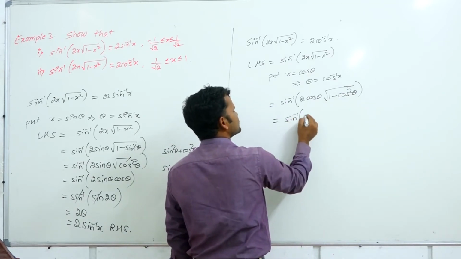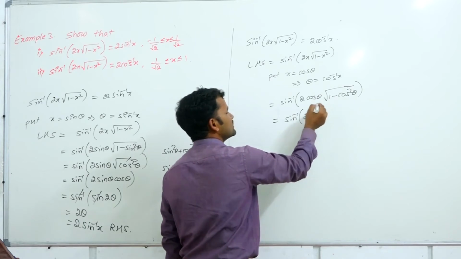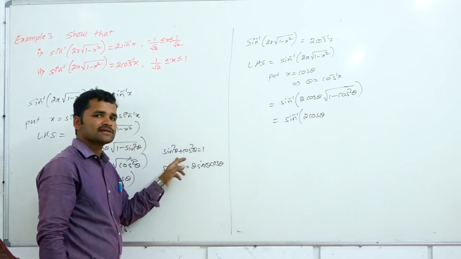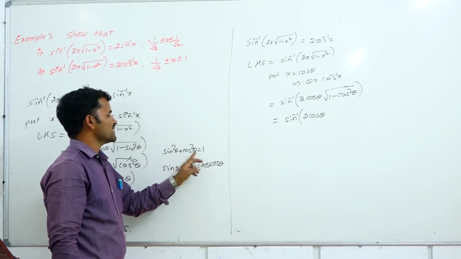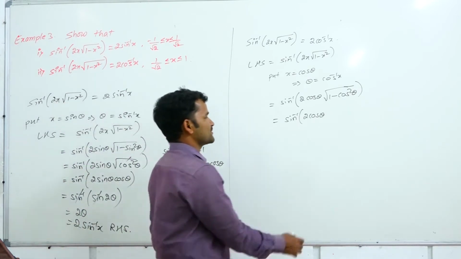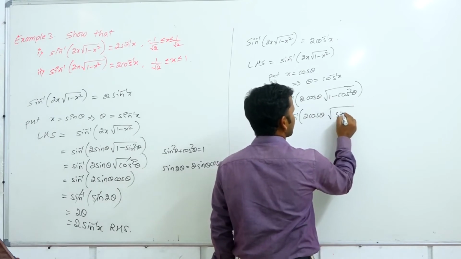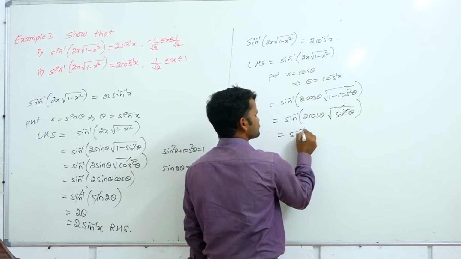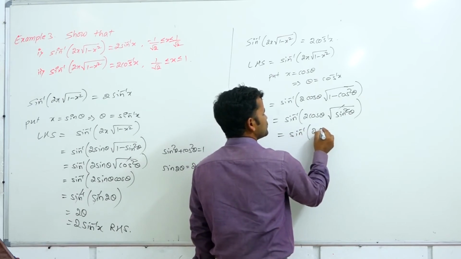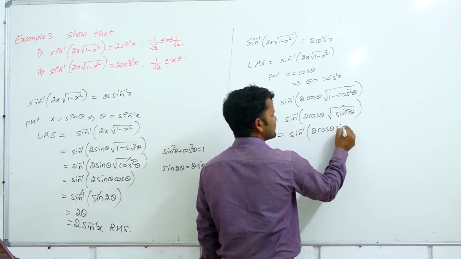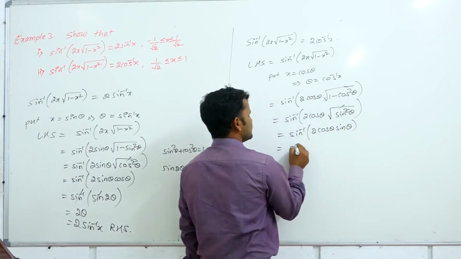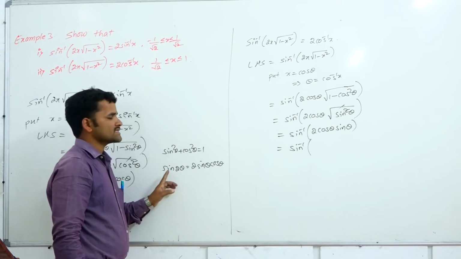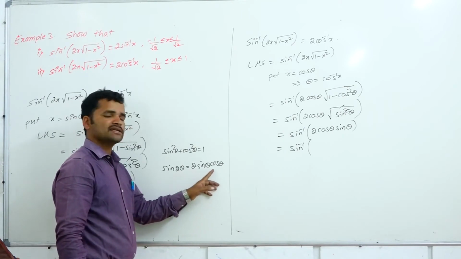Sine inverse of 2 times cos theta, 1 minus cos square theta, using this formula sin square theta plus cos square theta equal to 1, 1 minus cos square is nothing but sin square. So square root of sin square theta. Square and square root get cancelled. Sin inverse of 2 times cos theta into sin theta. Again we came to the formula of sin 2 theta here. Sin 2 theta is equal to 2 times sin theta into cos theta.